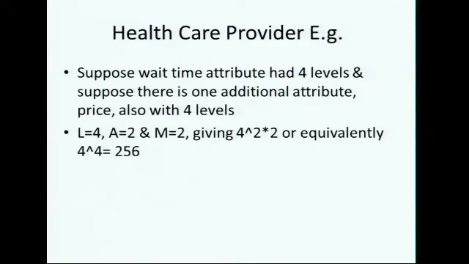We would probably have more, but for simplicity, we'll stick with the price, say having 4 levels, and then also wait time, having 4 levels. So here we have each of the two attributes, the A's are 2, each having 4 levels, and we have 2 alternatives. So our L to the MA is 4 raised to the 2 times 2, so 4 to the 4, it's going to give us 256.